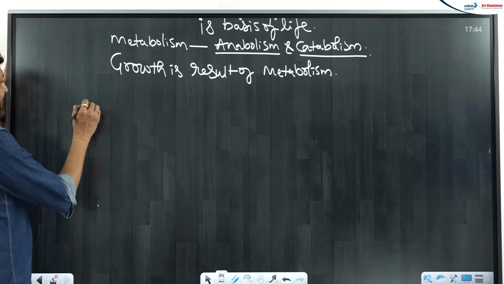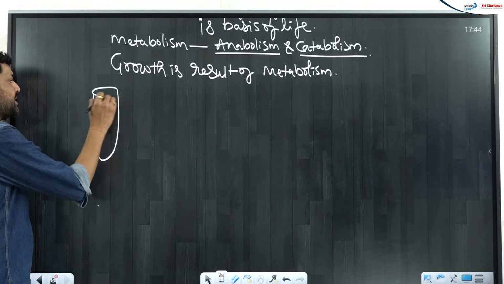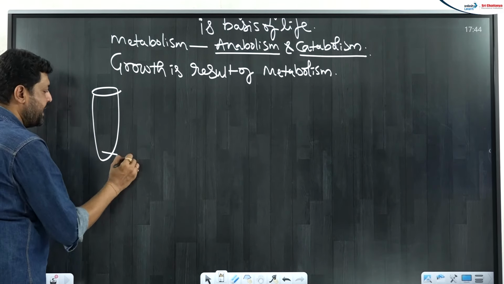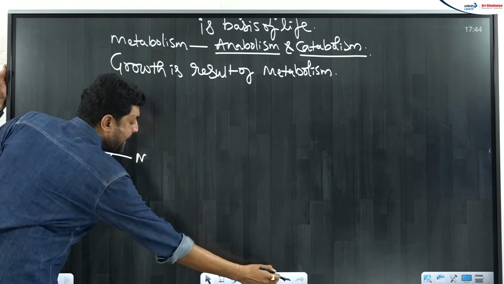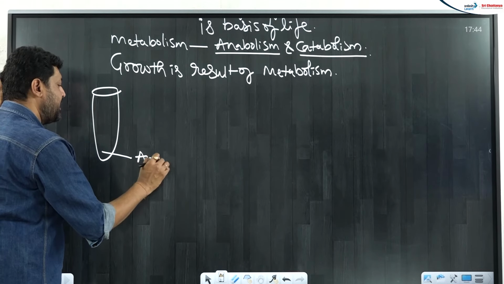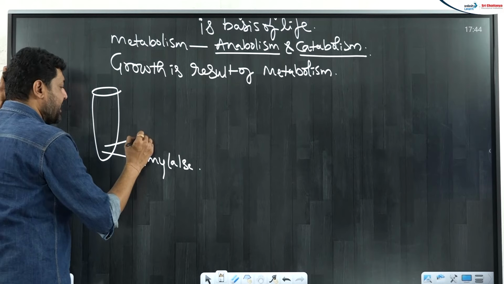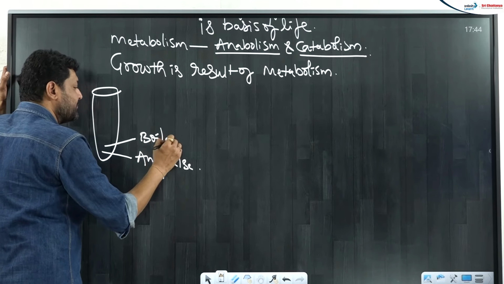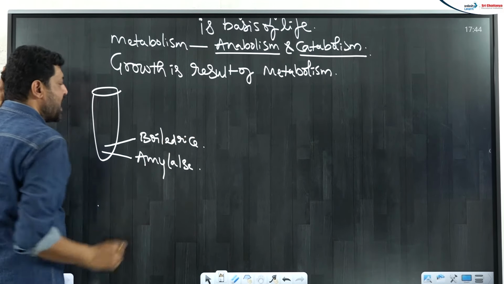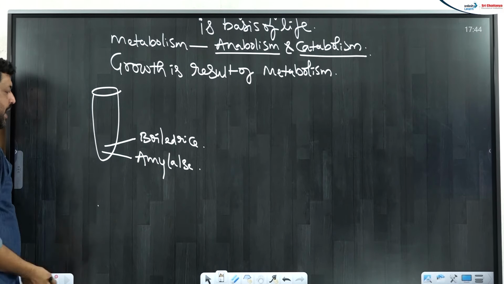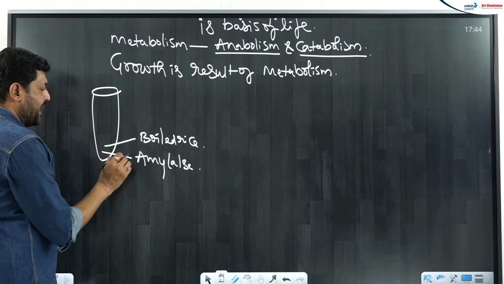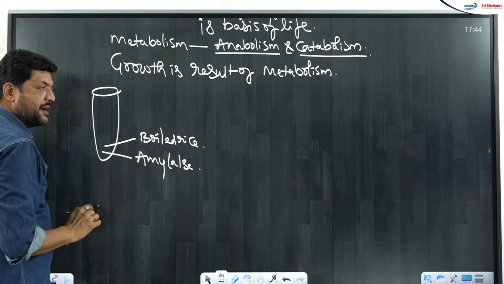So you can take certain enzymes in this test tube, that is amylase. I have taken the enzyme amylase. I have taken boiled rice. After 10 to 15 minutes, after 1 hour, all the boiled rice will be digested by amylase.